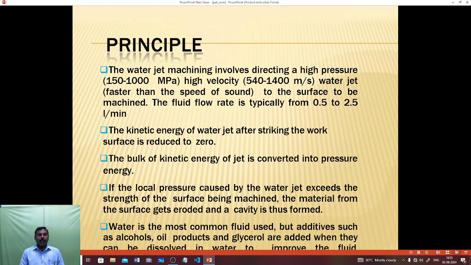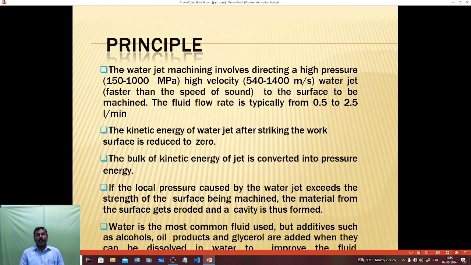Water jet machining involves directing a high pressure, 150 to 1000 megapascal, high velocity, 540 to 1400 meters per second, water jet faster than the speed of sound to the surface to be machined.